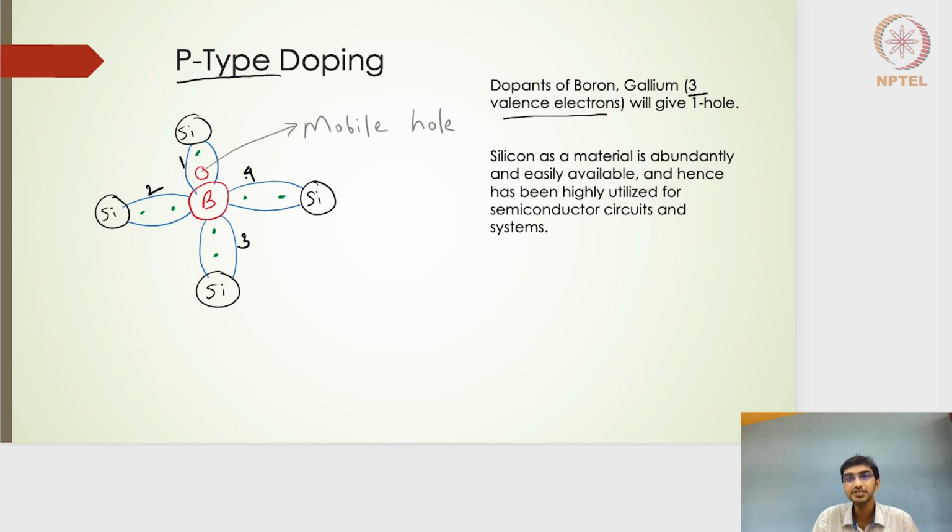Intrinsic concentration means the silicon which is not doped at all, a pure silicon material. In this particular case, if I have a p-type dopant, one boron or gallium atom doped inside the silicon crystal structure, I'll get one hole, and one hole acts like a majority carrier. Similarly, if I introduce 10 boron atoms, I'll get 10 such holes.